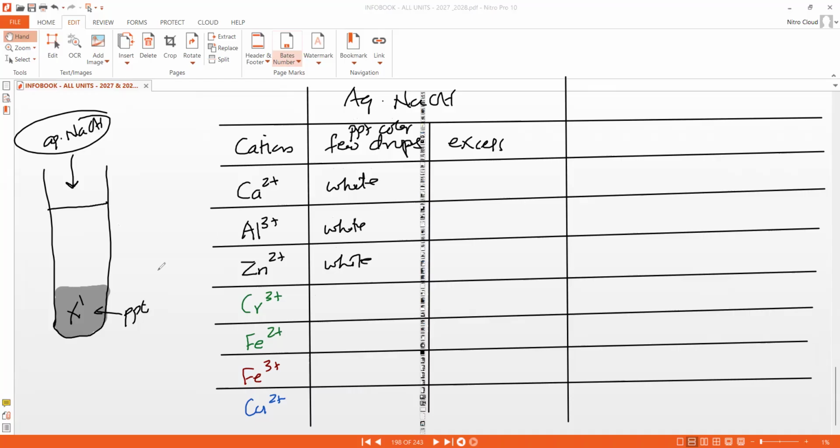Chromium and Fe2 plus will be green precipitate, Fe3 plus will be red brown, and copper 2 plus will give you blue precipitate. So to resolve the clashes here and here, we need to add excess of sodium hydroxide.